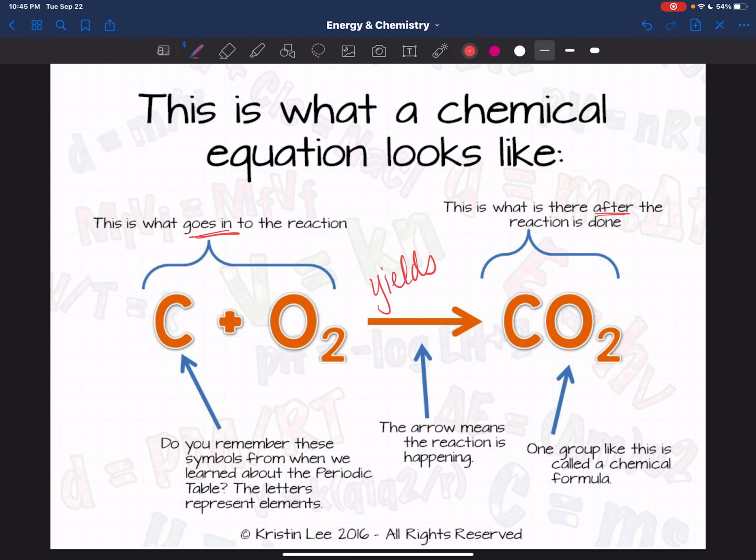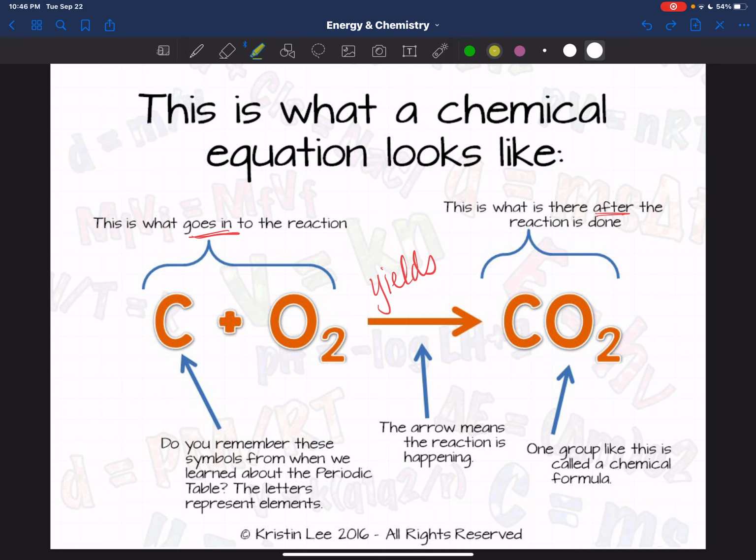You don't have to copy this down yet because we'll go over this plenty. Basically, your chemical equation is this whole thing right here. Of that chemical equation, you have your left side, which is what you put into the reaction.